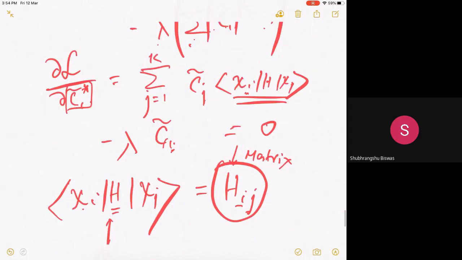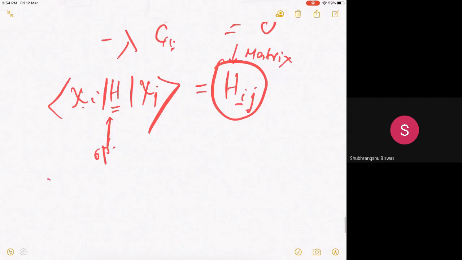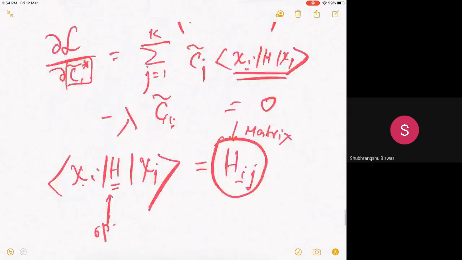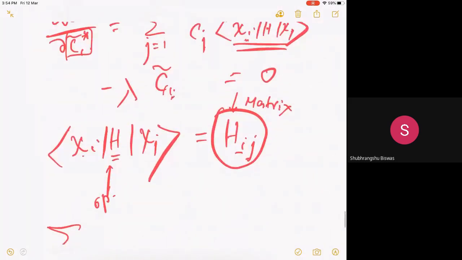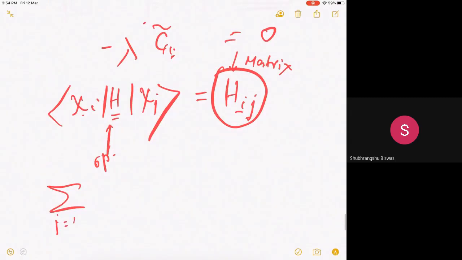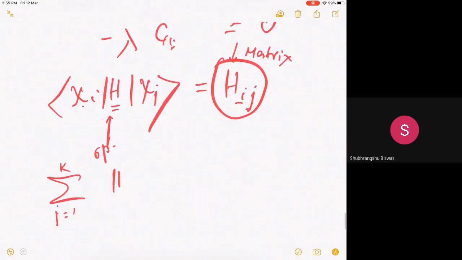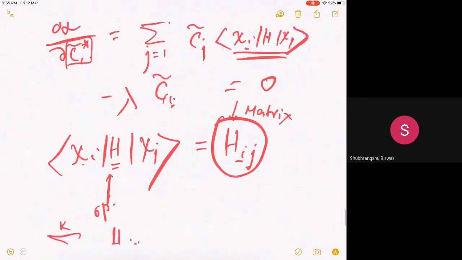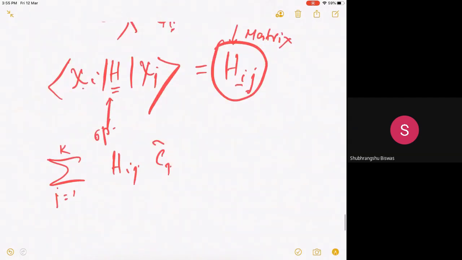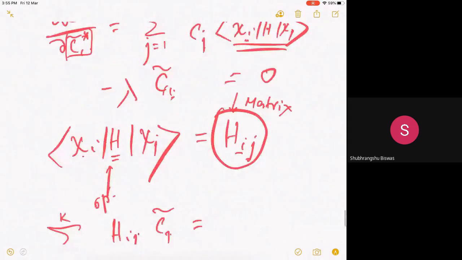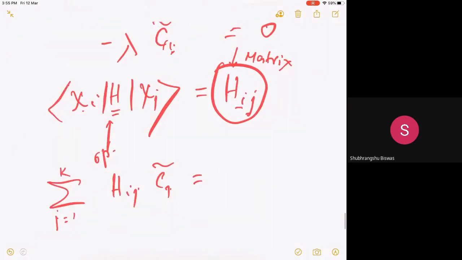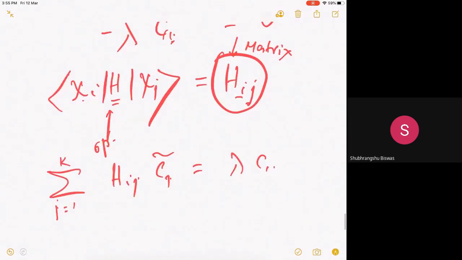Then you can quickly see that this variation equation has now become the sum over j equal to 1 to k of H_ij c_j tilde equal to lambda c_i.